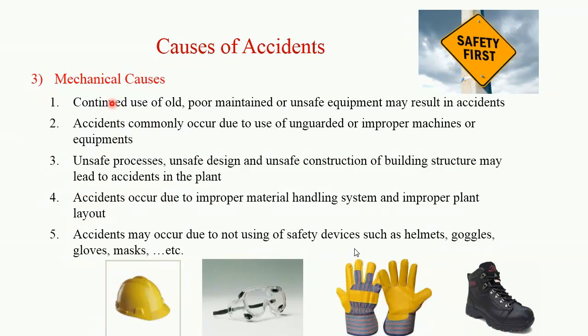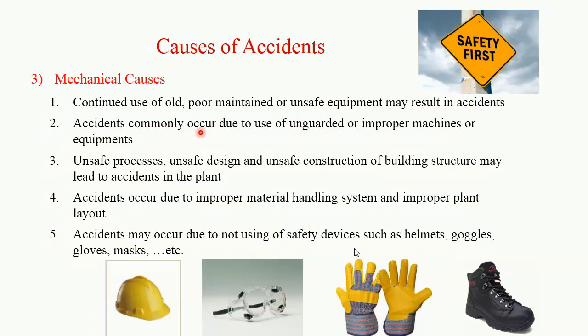And we also have mechanical causes due to which we are facing accidents in our workshop. They are the continued use of old, poorly maintained or unsafe equipment, which may result in accidents.